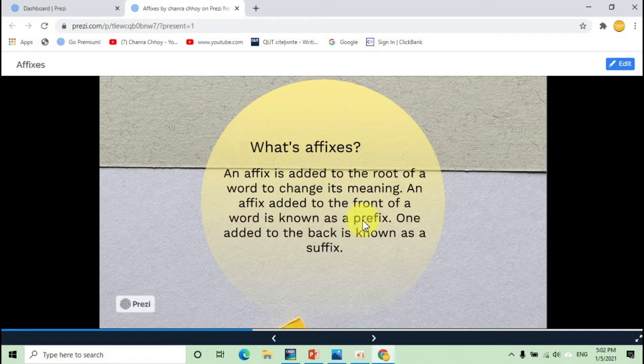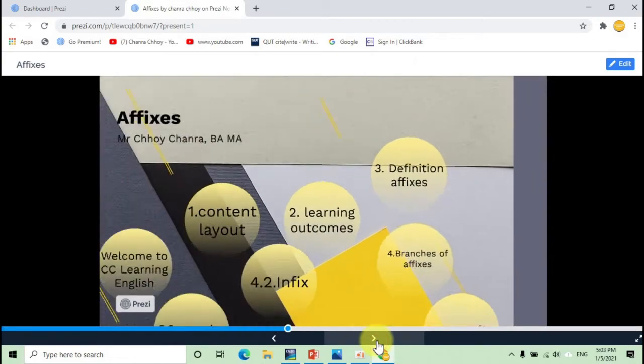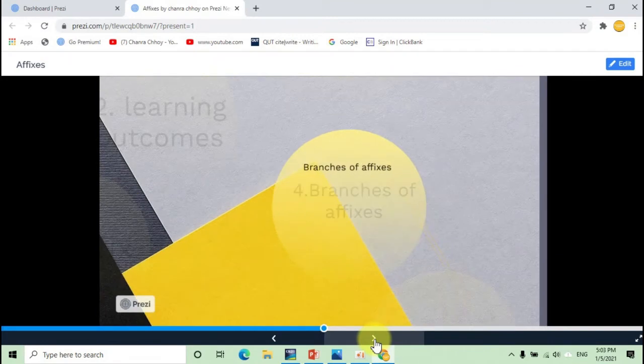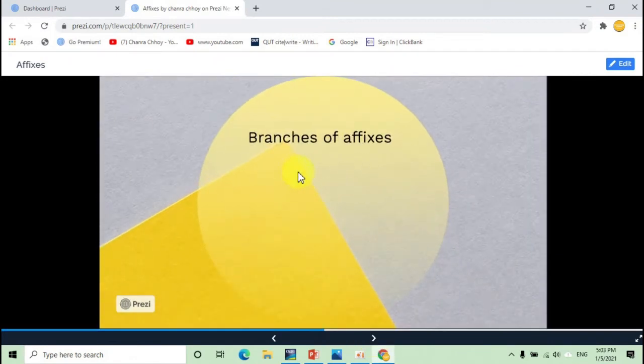Affixes are not words, but groups of letters. They have no specific meaning if they stand alone. Now we go to the next, where we talk about the branches of affixes.